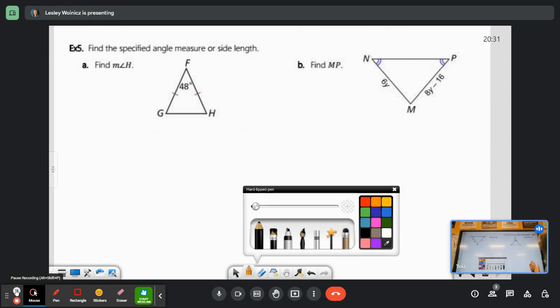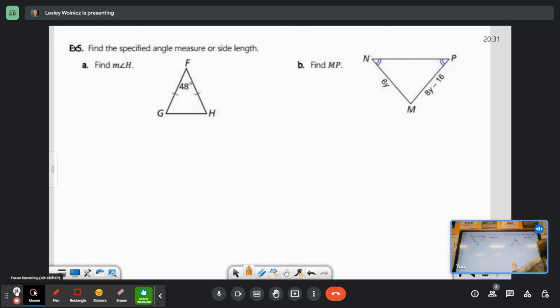Okay, we have to find the specified angle, measure, or side length. So first I have to find the measure of angle H. Okay, well, if these two sides are congruent, then I know that their opposite angles are congruent.